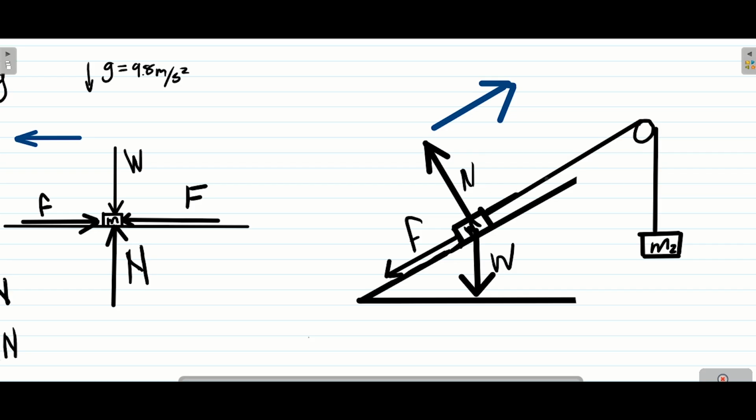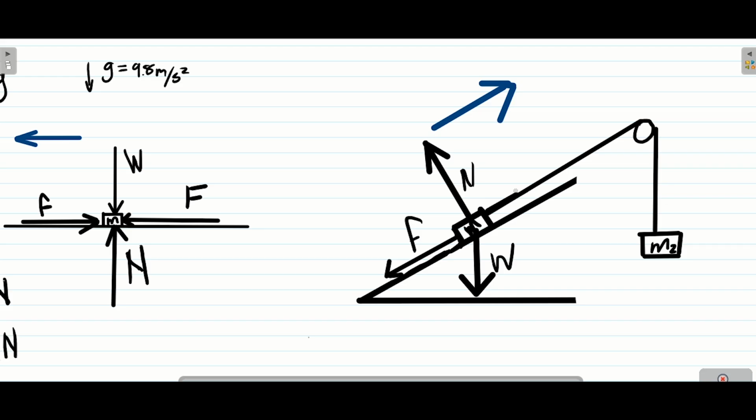Now they usually state that this string is inextensible. That's one of the ideal cases that they use to simplify the maths so that you don't think of the forces that might get applied and released in an elastic case. They usually assume that this string cannot be extended, therefore we don't take into account any effects of the string. And they usually state that the pulley is frictionless, so we don't take into account any effects that the pulley could have on the system.